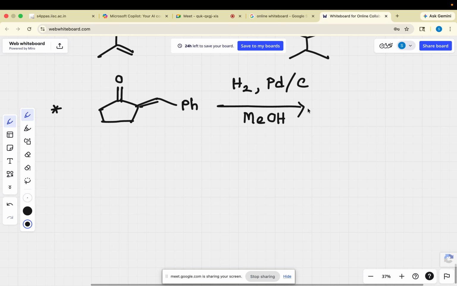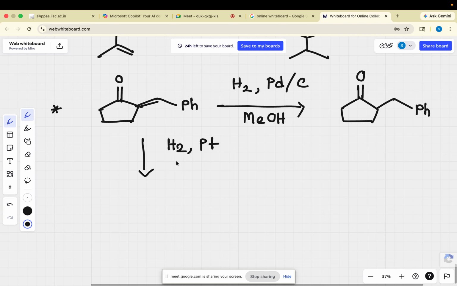So you have a double bond; if you add hydrogen, what will you get? The double bond will reduce into a single bond. Hydrogenation is simply taking place. With hydrogen, palladium, carbon, methanol, you will get this.